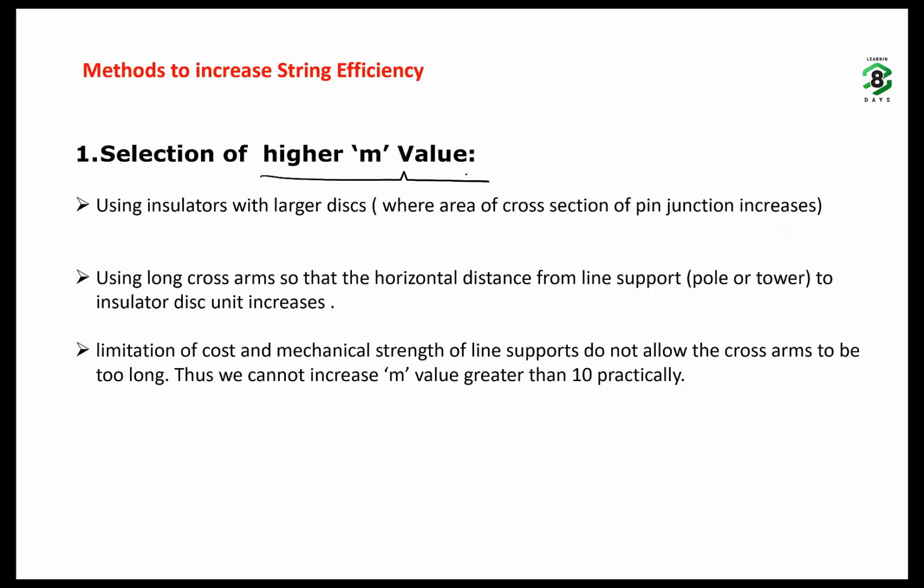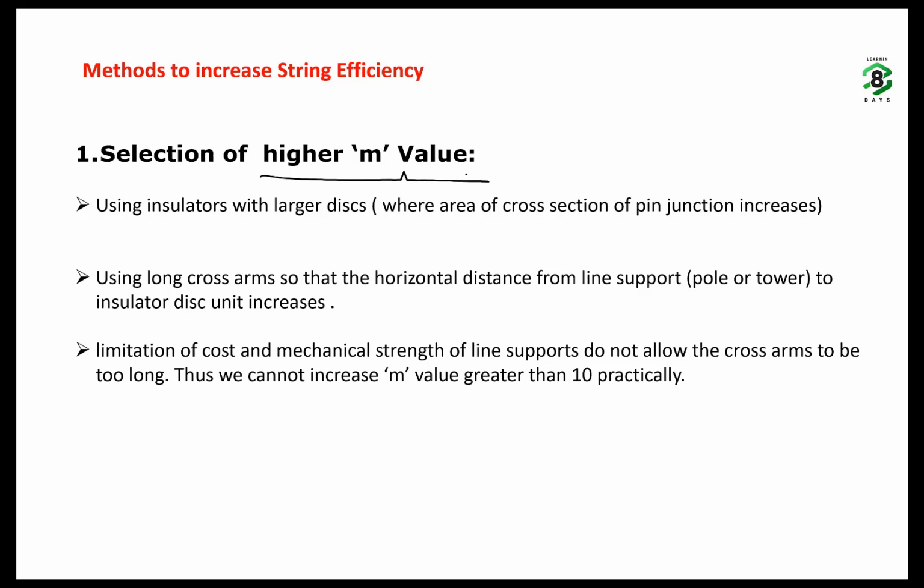If you do the same problem with M equal to 8, you will get a string efficiency in the range of 85 to 90%. You can do it as practice or homework. You can observe that your string efficiency will improve from 66% to approximately 85 to 90%.